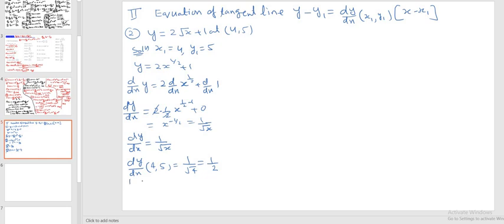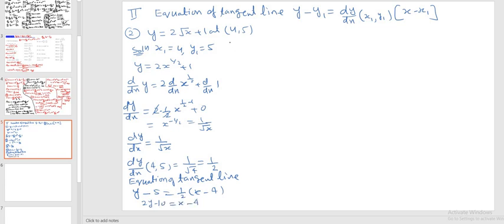Now the equation of the tangent line is y minus y1, where y1 is 5, equal to dy/dx at x1, y1, which is 1 by 2, times x minus x1. Simplify it, and whatever you have is your answer. We can write this as 2y minus 10 equals x minus 4.